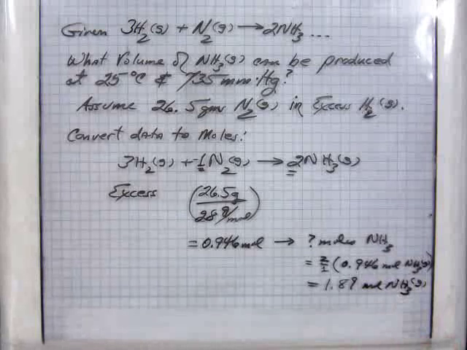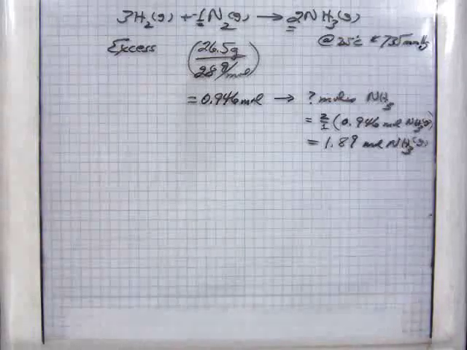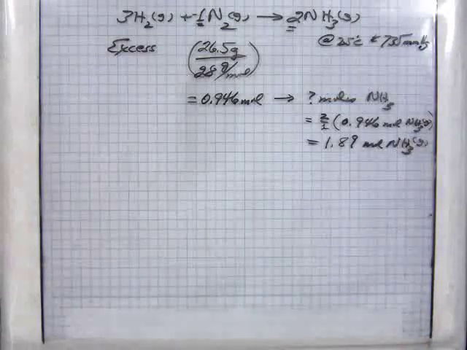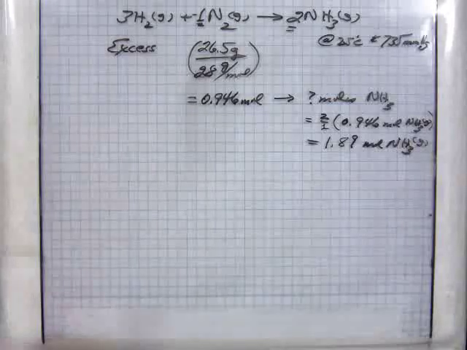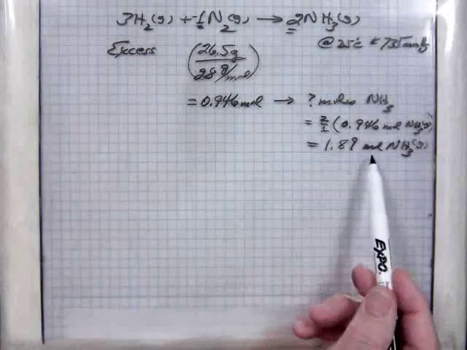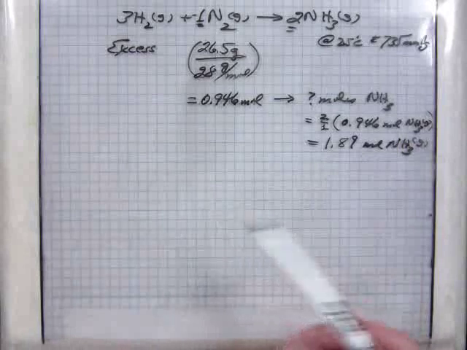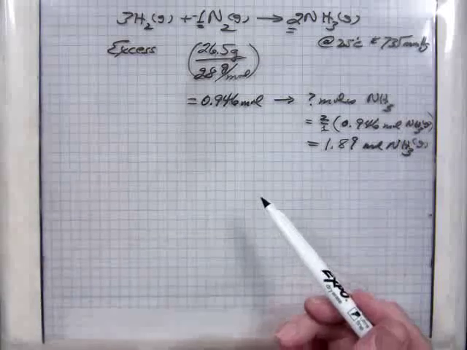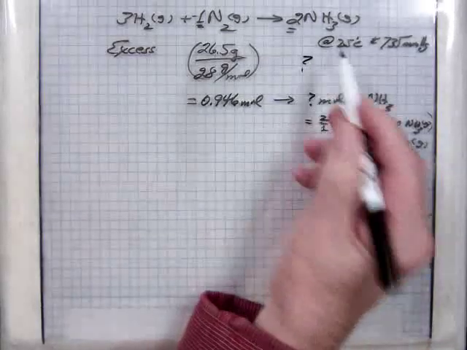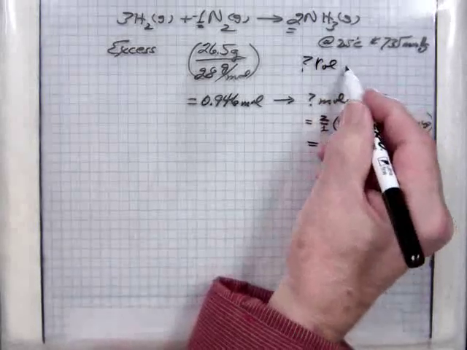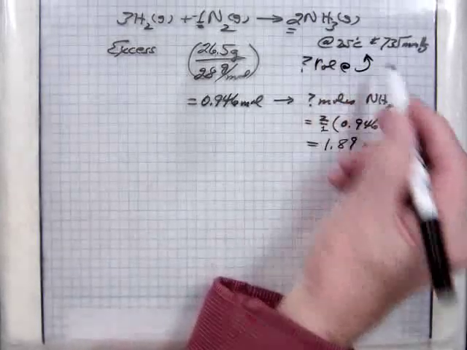Any questions? I need you to keep up right here. Very important. Okay, so here we are at 1.89 moles. Well, what it wants to know in the problem is what volume at those conditions.